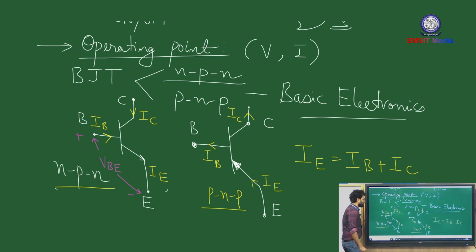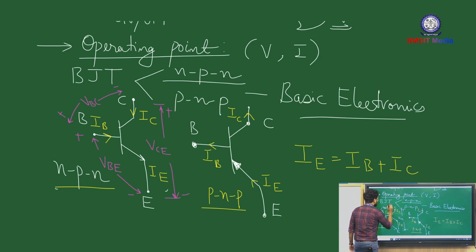On the other hand, if you measure the potential between collector and emitter terminal, the resultant potential can be considered as VCE, assuming emitter is at lower potential and collector is at higher potential. And the third terminal voltage is going to be VBC, assuming base is at higher potential and collector is at lower potential.